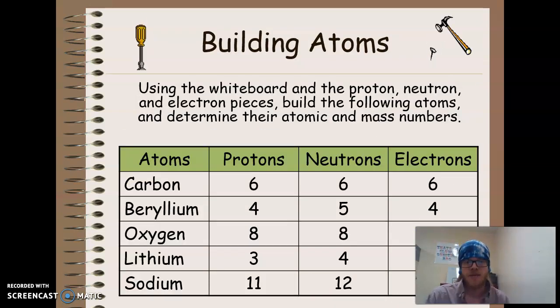All right, building atoms. You guys at home or on a piece of paper, this is what I would like you to do, or preferably not on a piece of paper, right? Because you can't give it to me. But you could do this in like the Paint app. You could do it in Word with shapes, and then go ahead and attach that as your work. Okay, so I want you to make one of carbon, one of beryllium, one of oxygen, one of lithium, and one of sodium.